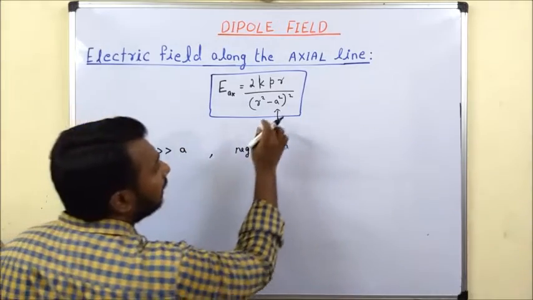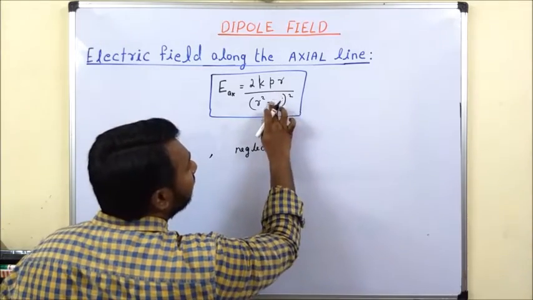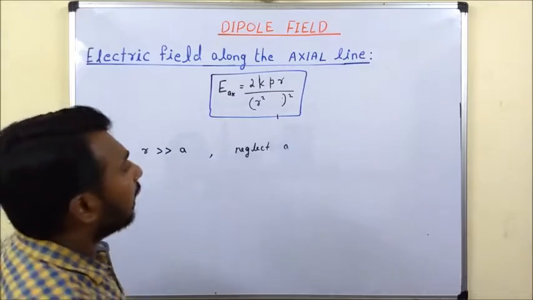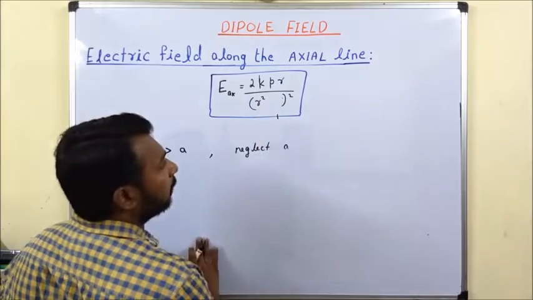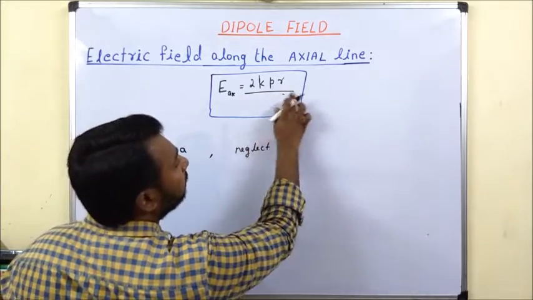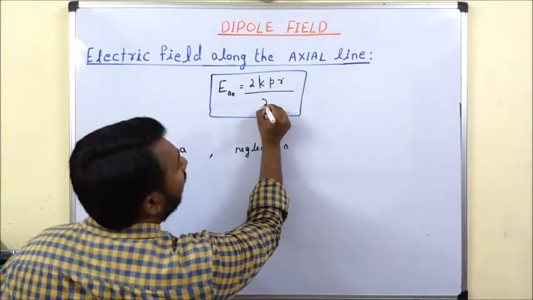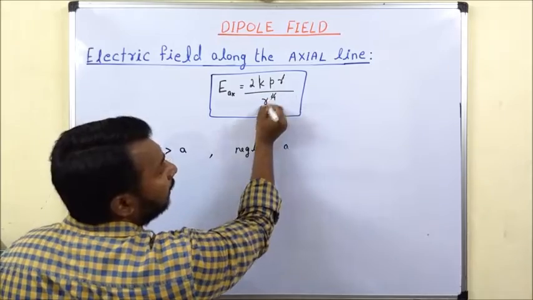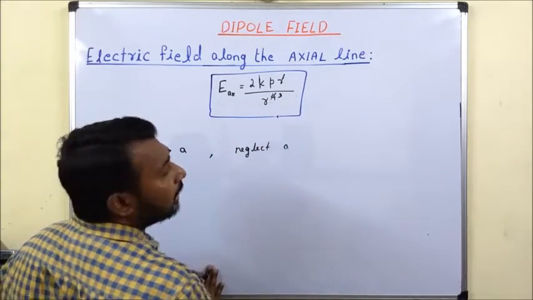So here you neglect this A square. Once you neglect it, R square whole square will become R raised to 4, and R and R to the 4 cut, giving R cube.